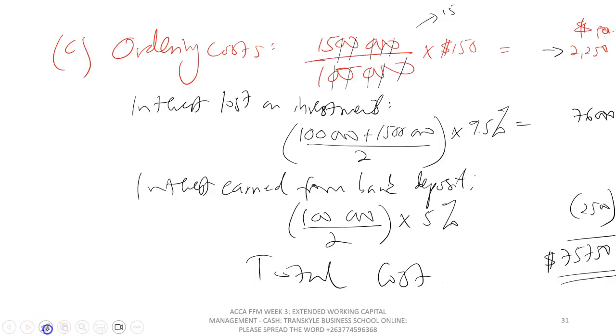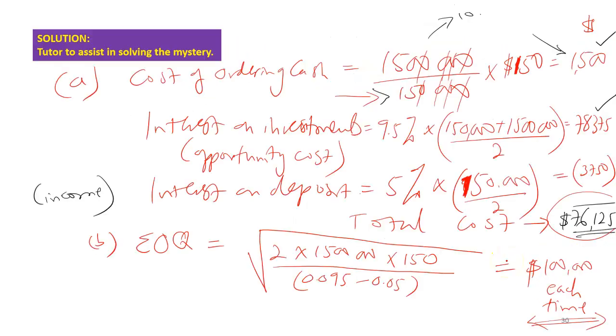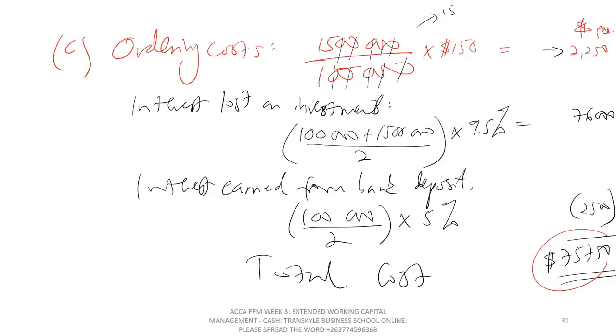So you can safely see that we have been proven correct that this amount is lesser than this one, 76,000. Is that clear, ladies and gentlemen? So at the EOQ, we are likely to save some costs. Great.